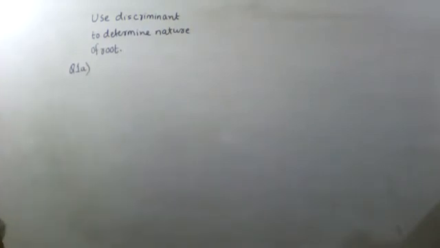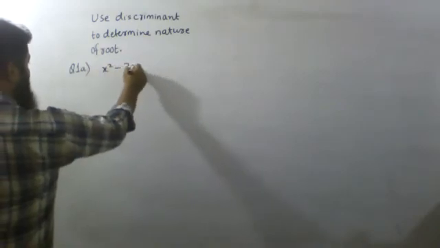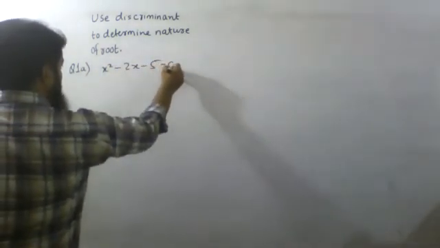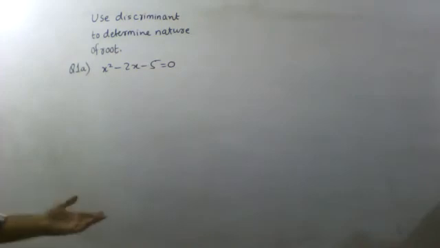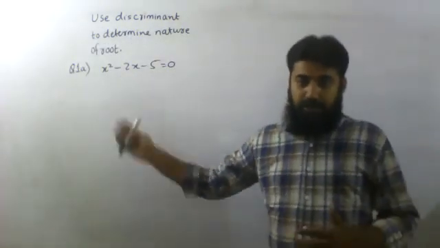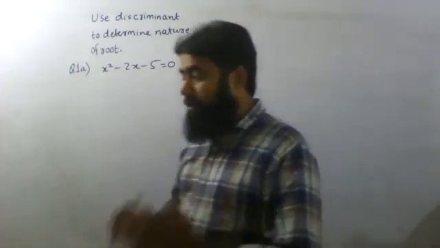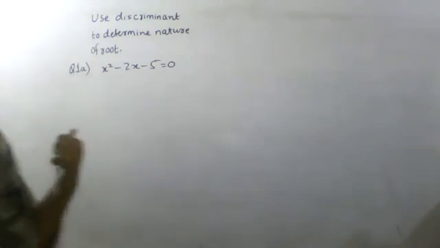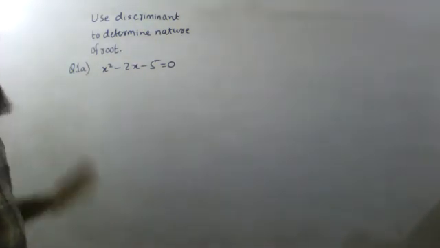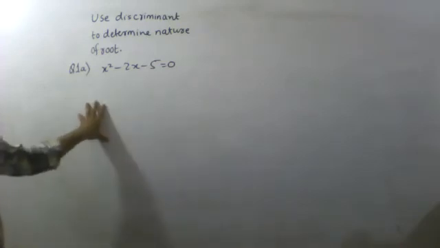So we are having this one, x square minus 2x minus 5 equals to 0. Okay, I've already found that the discriminant is coming greater than 0 for this. So it means that now I can find the root of this given equation, because first they have told us to use the discriminant to determine nature.